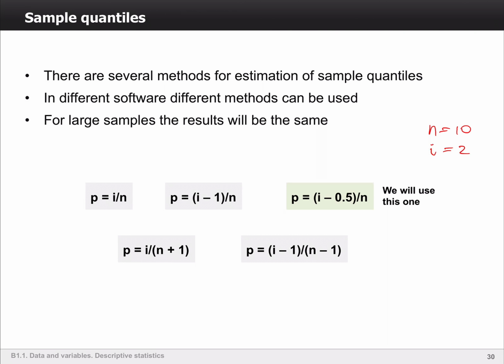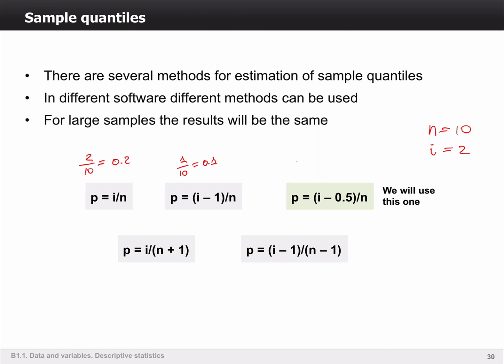Let's say, for example, we have n equal to 10, and then i equal to 2. So it's the second position, the second smallest value in our data. In this case, it will be 2 divided by 10, which is 0.2, right? So it's 20%. In this case, it will be 2 minus 1 divided by 10, so 1 divided by 10, which gives us 0.1, which is 10%.